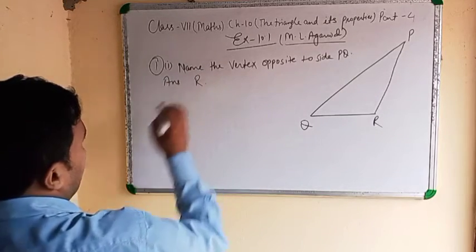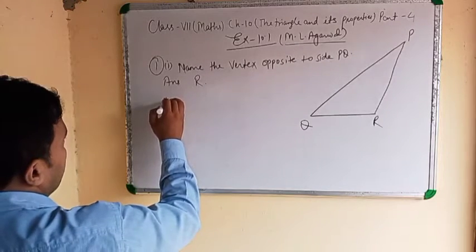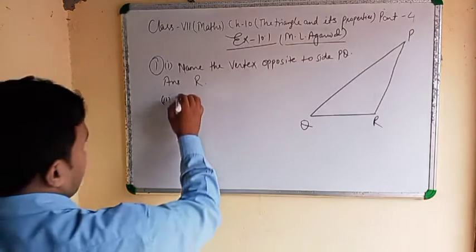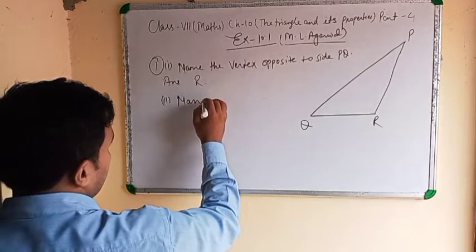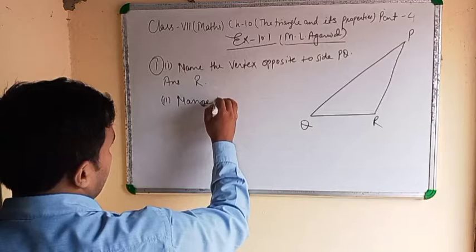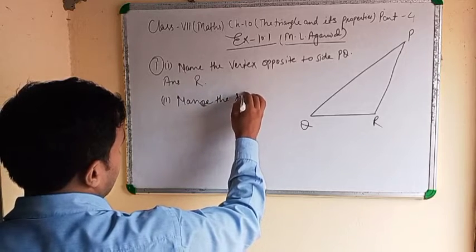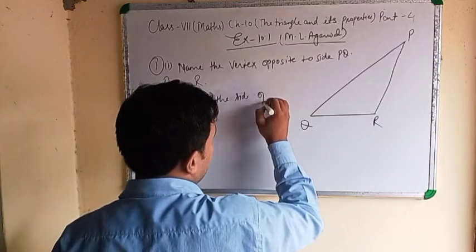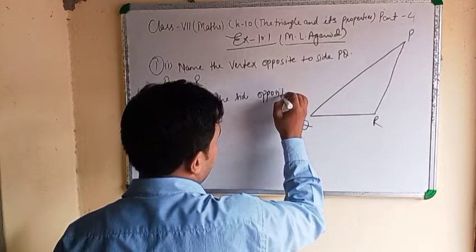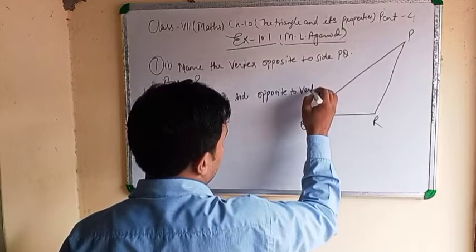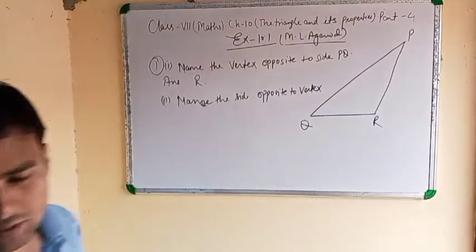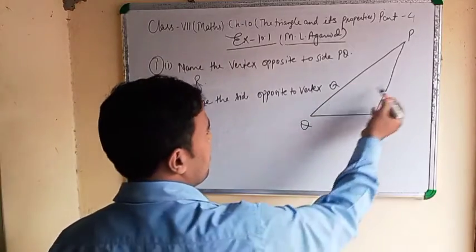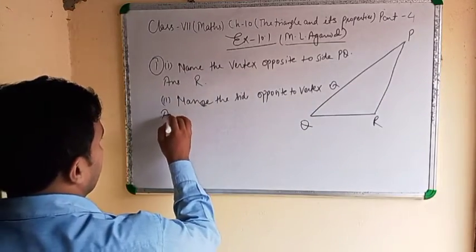is R, clear. The second one is asking: name the side opposite to vertex Q. The side opposite to vertex Q is PR.